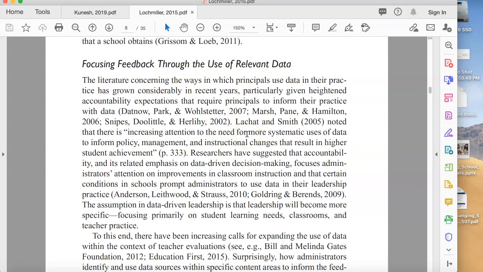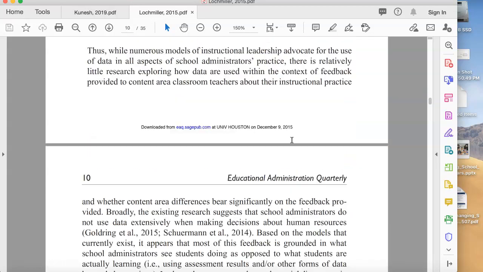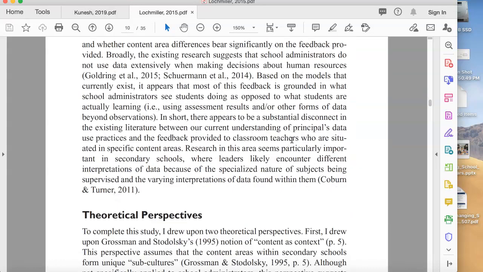So how we use data to give good feedback to the teachers we supervise. We keep reading. This is all prior research. So that's, again, take notes on what did we know going into this.